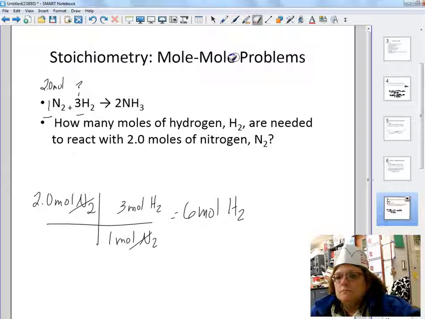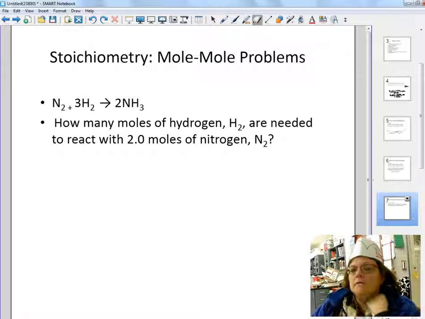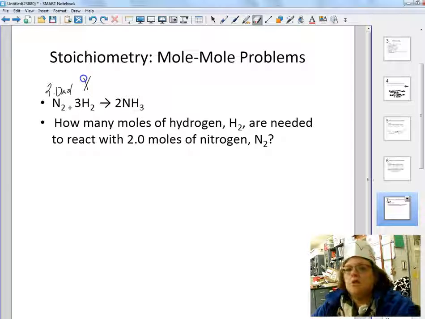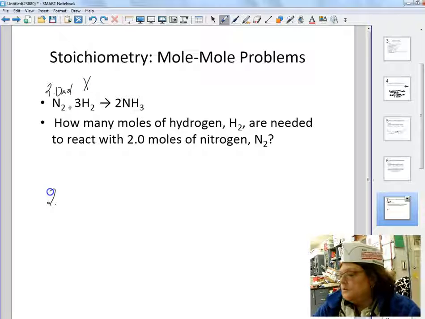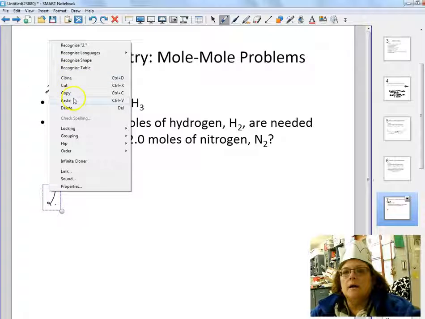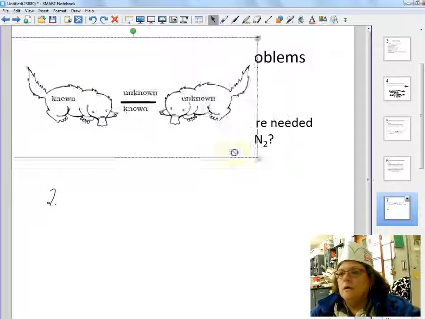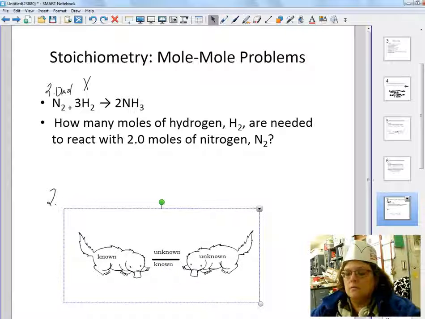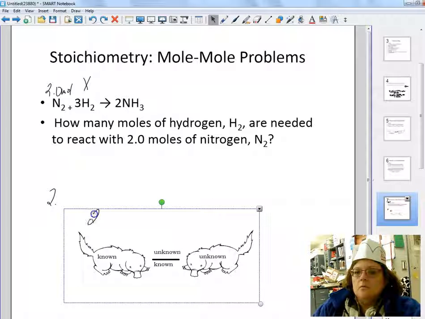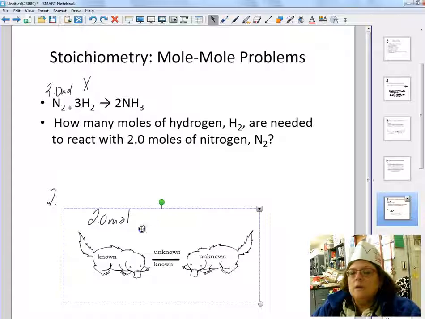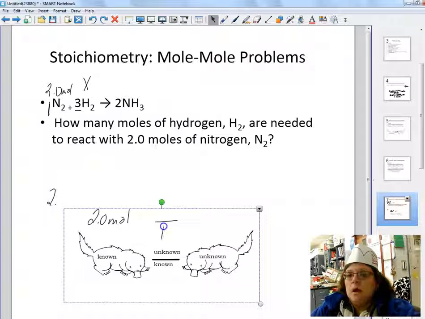So here's our first question. It tells us 2 moles of nitrogen is what we have. And we're solving for X. So our known is 2 moles. I'm going to start with 2 moles. If I bring my mole bridge down here. 2 moles is what I know. What is my ratio of known to unknown? Well, 1 needs 3. 1 is what I know, so 1 goes in the bottom.